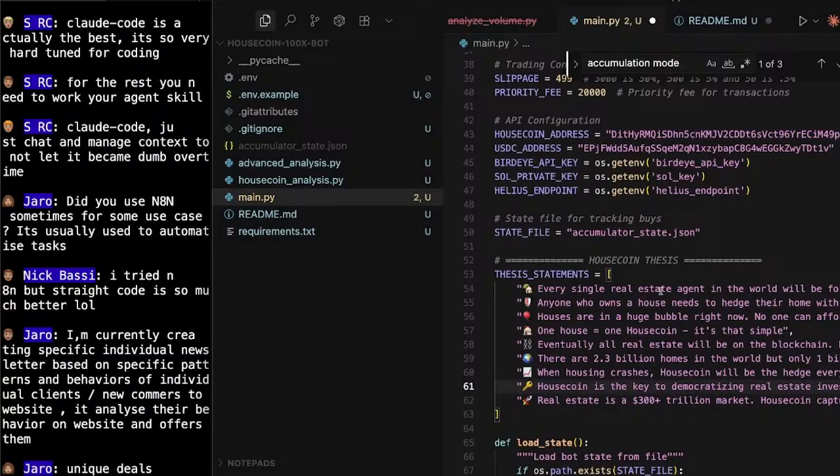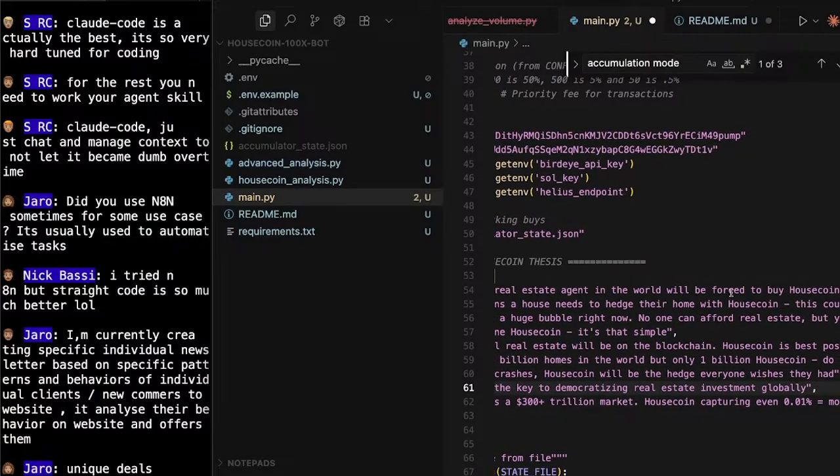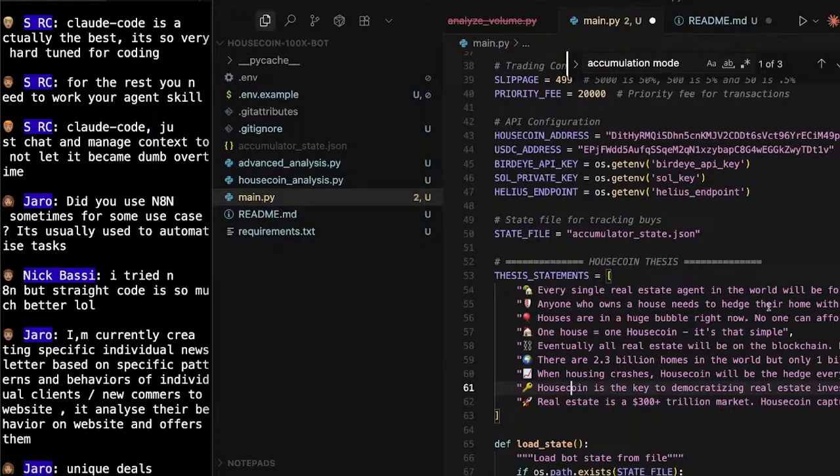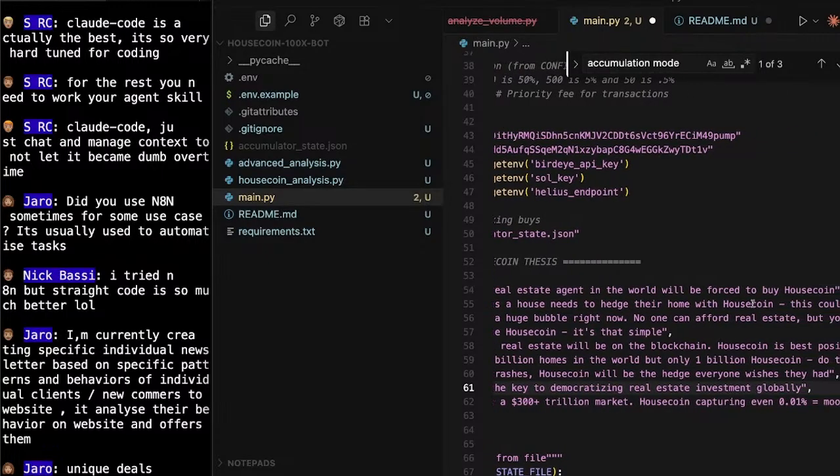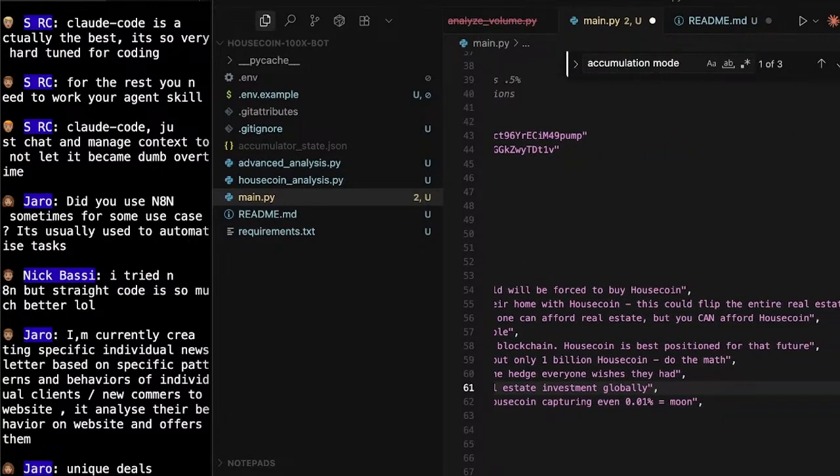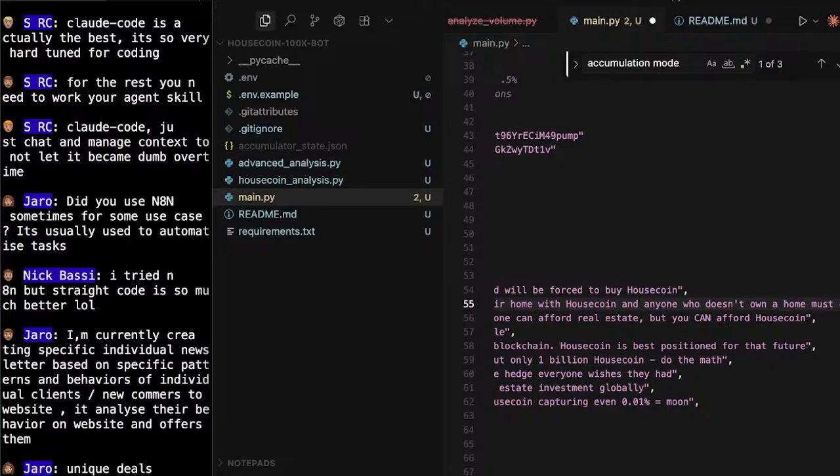Okay, every single real estate agent in the world will be forced to buy Housecoin. Okay, anyone who owns a house needs to hedge their home with Housecoin. And anyone who doesn't own a home must own Housecoin.